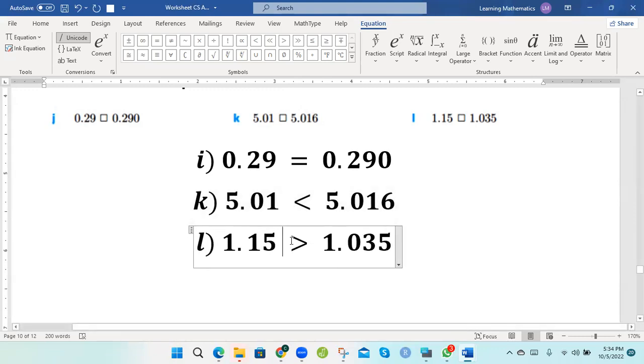The opening. So what do you say? Greater than. 1.15 is greater than 1.035. If you start with this 1.035, when you go towards the right, what do you meet? A point. So you have to say less than. 1.035 is less than 1.15. The use of the inequality sign.